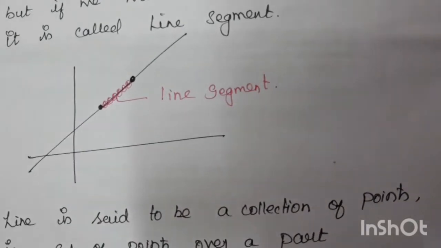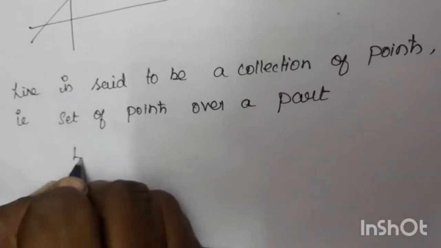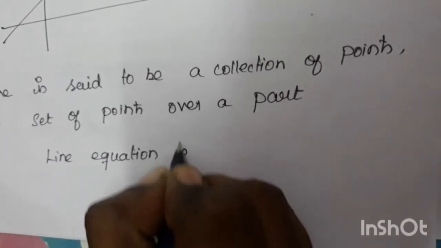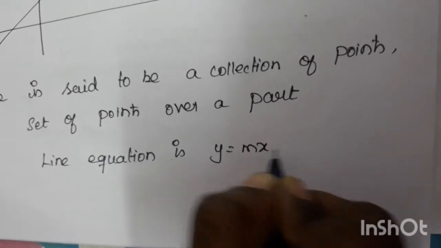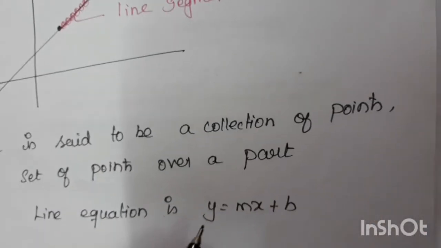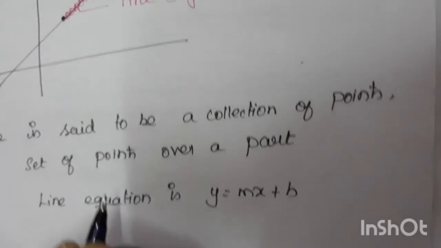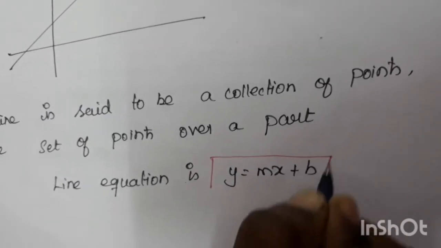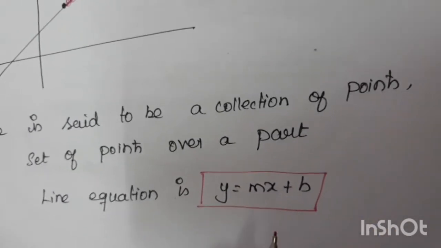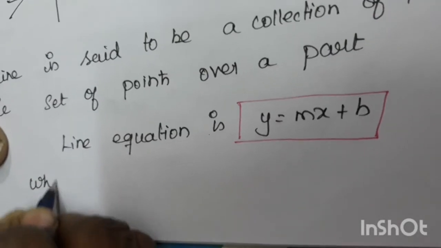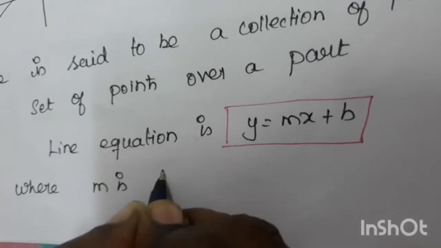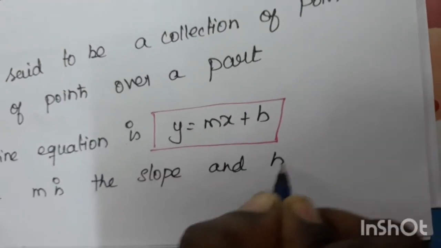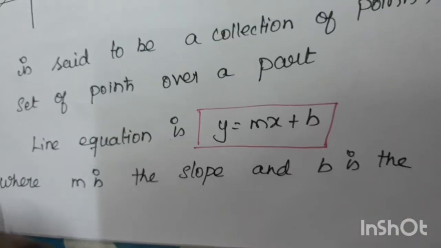Now, the line equation is y equal to mx plus b, where m is the slope and b is the intercept.